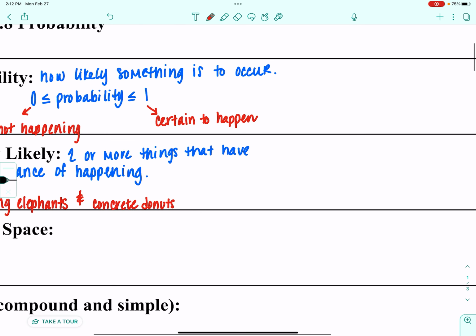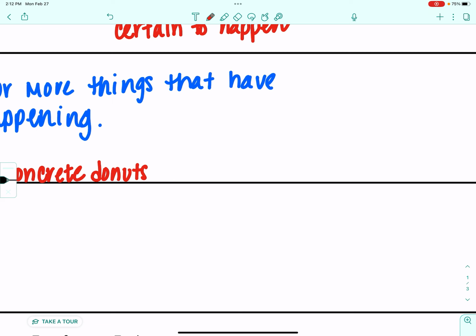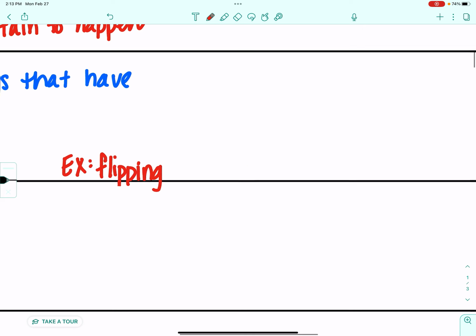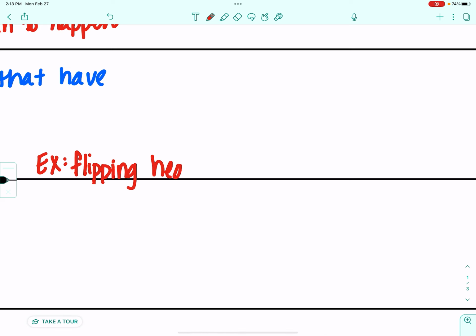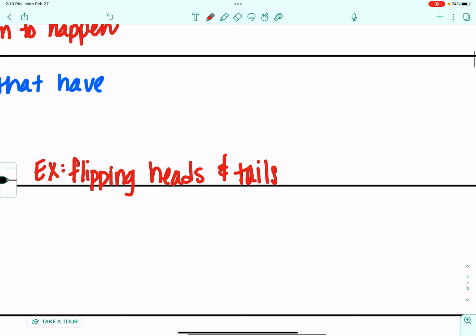Other things that are a little less silly that might be equally likely: flipping a coin and getting heads, or flipping a coin and getting tails. You have one possibility for heads, one possibility for tails, as long as we assume that it's a fair coin, meaning it hasn't been altered in any way. Those are equally likely events.